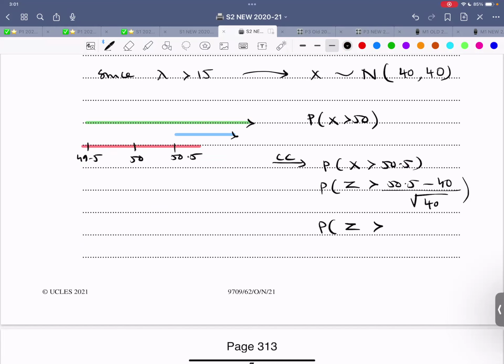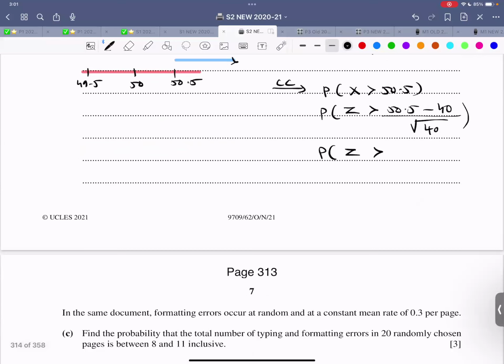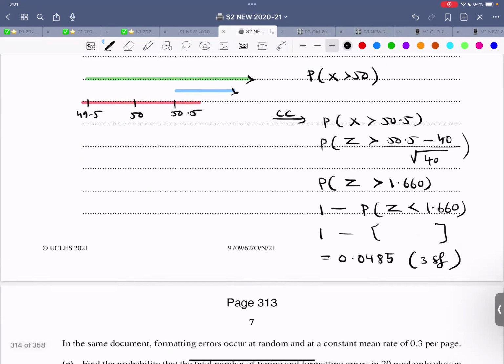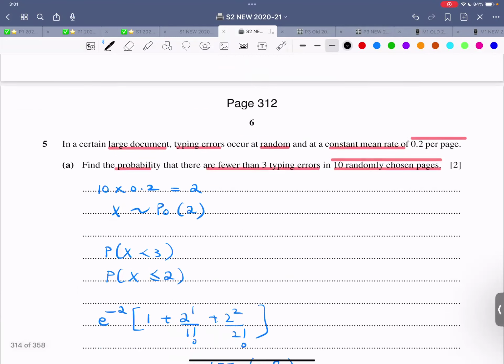How much is this positive value? 1.660, which is 1 minus probability Z is less than 1.660. 1 minus this value from the table, and this comes out to be 0.0485. That is the answer, correct to 3 significant figures. So now this thing is done.